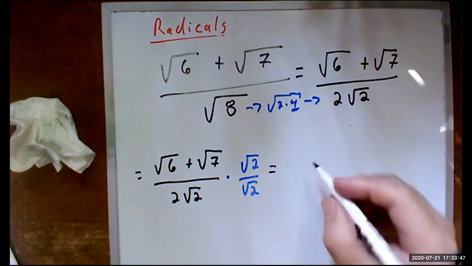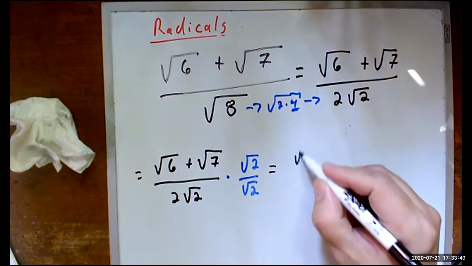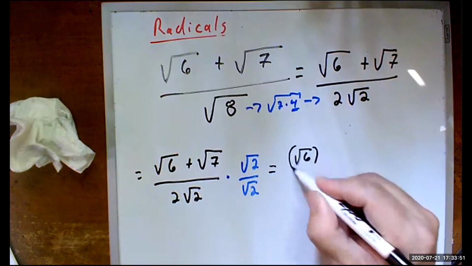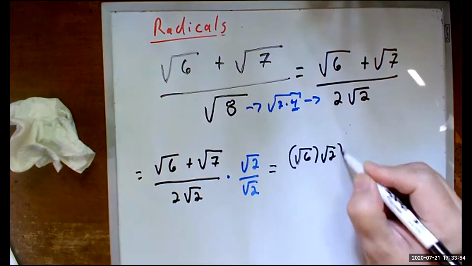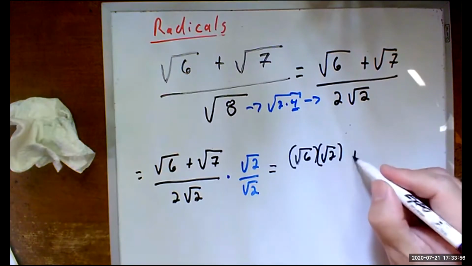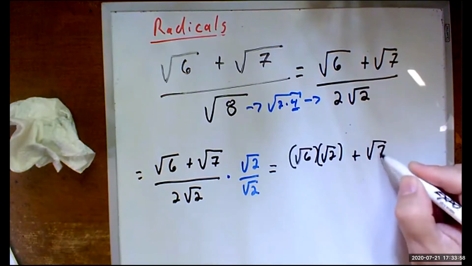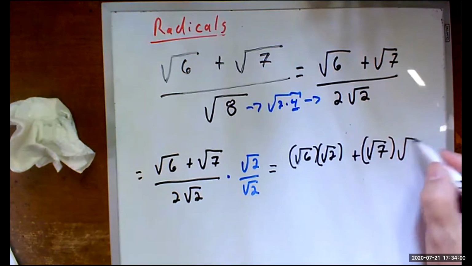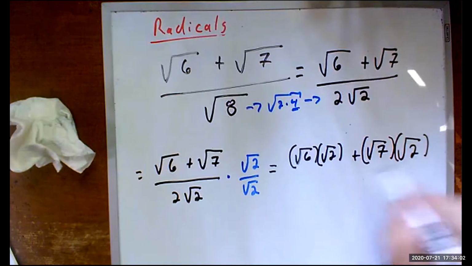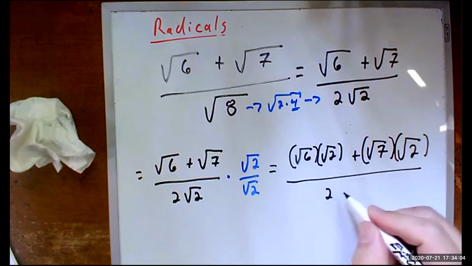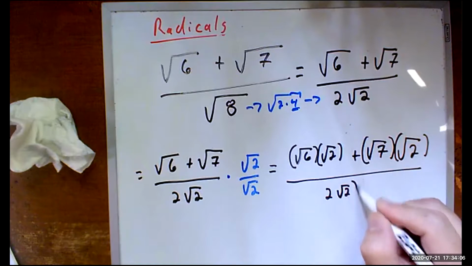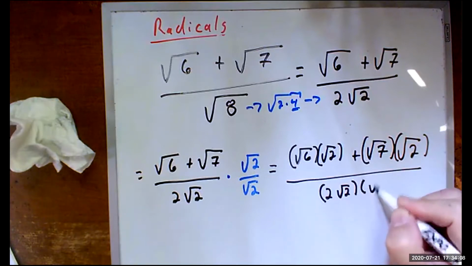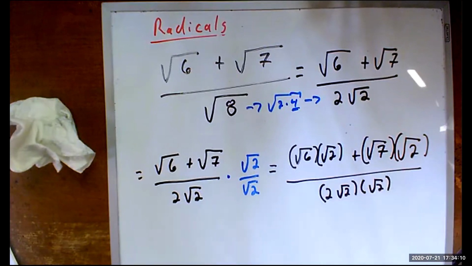And when we do that, I end up with the square root of 6 times the square root of 2 plus the square root of 7 times the square root of 2 all over 2 square root 2 times the square root of 2.